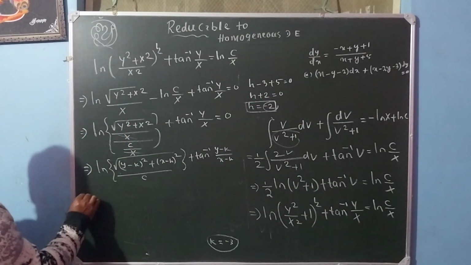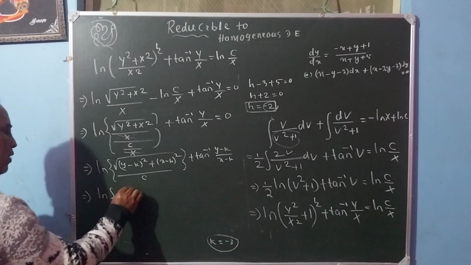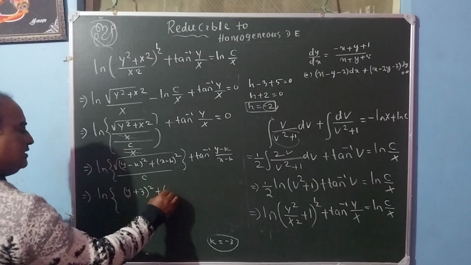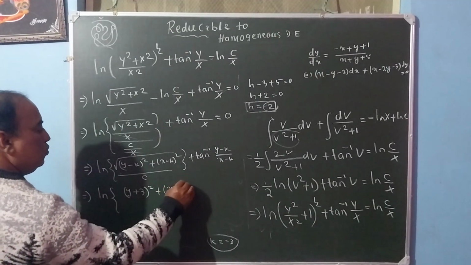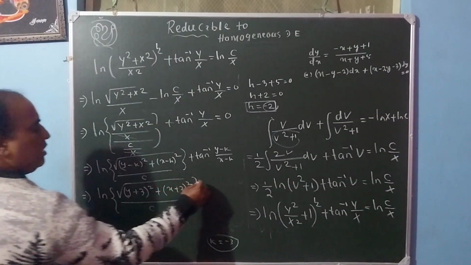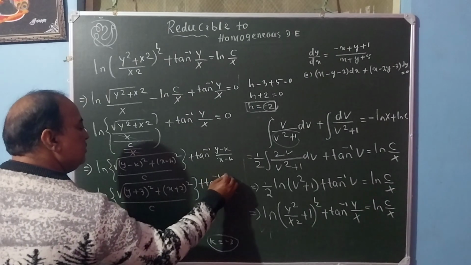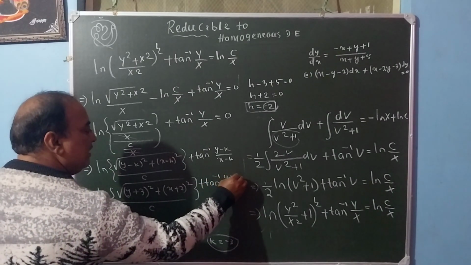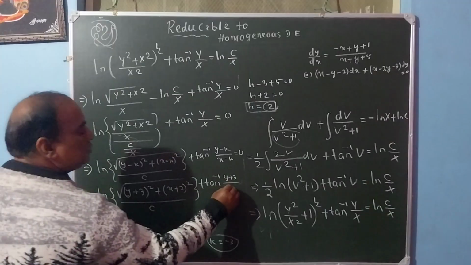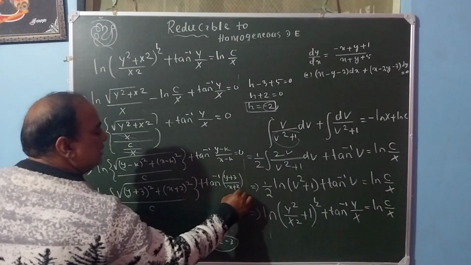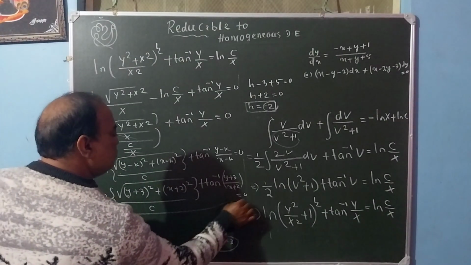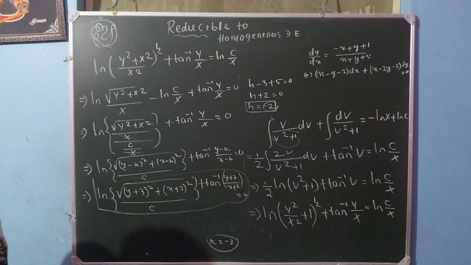So we get ln root over ((y minus k, minus means y plus 3) whole square plus (x plus 2) whole square) divided by c, plus tan inverse (small y plus 3) divided by (x plus 2) is equal to 0. So this is the answer of this question.